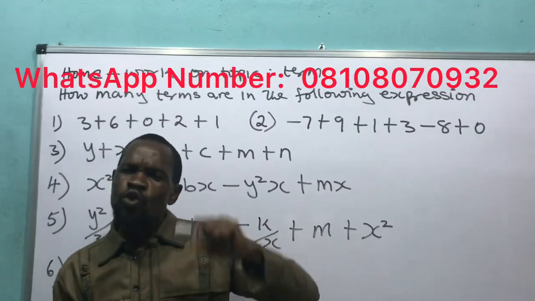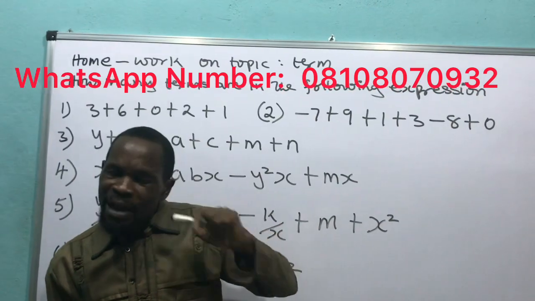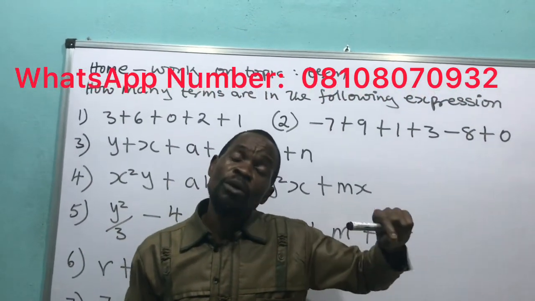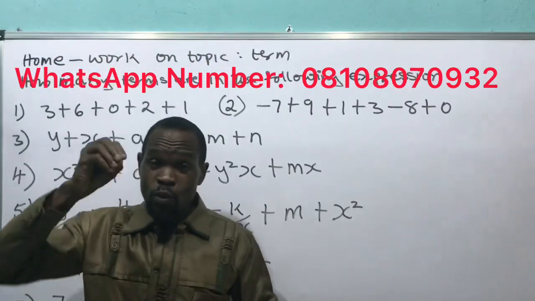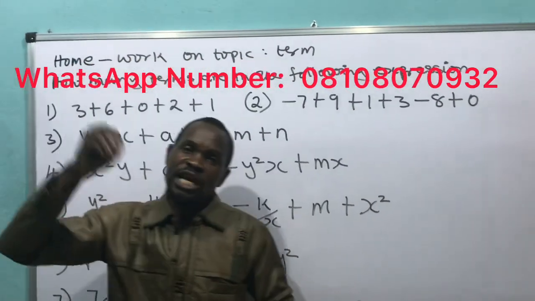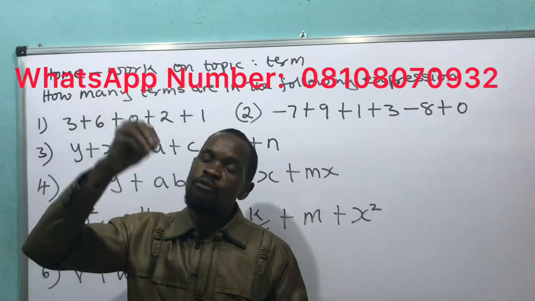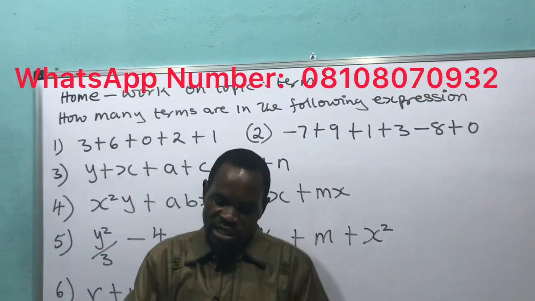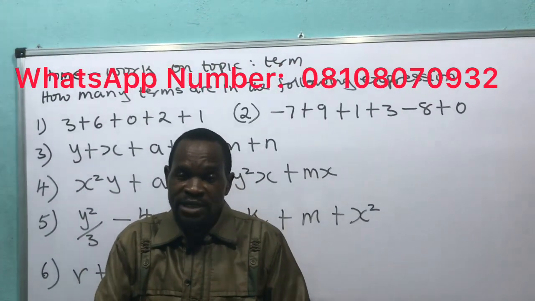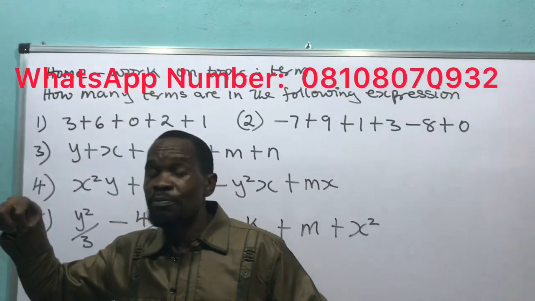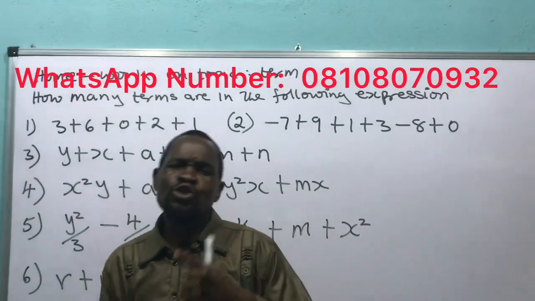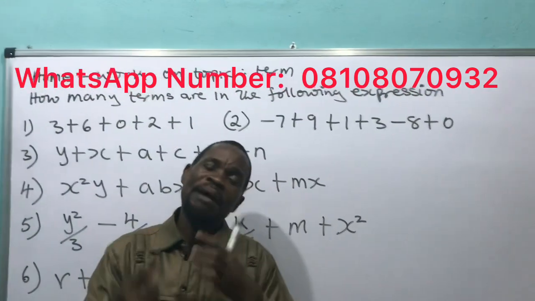Send it through WhatsApp by the number you are going to see on the screen. Send this assignment after you have finished solving it. You snap it using your phone and send it to us through that WhatsApp number, where we are going to send the answer back by marking it.